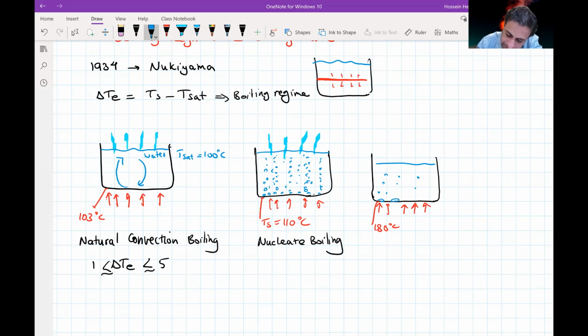Some of these bubbles are just growing at the surface and covering part of the surface, and that's what we call transition boiling.